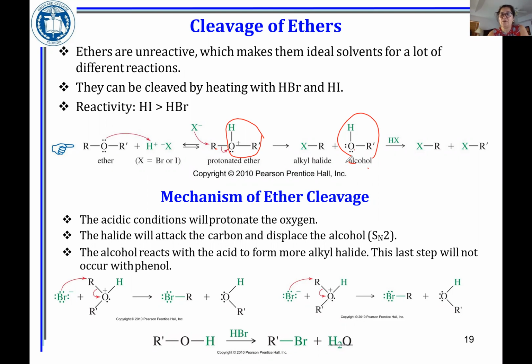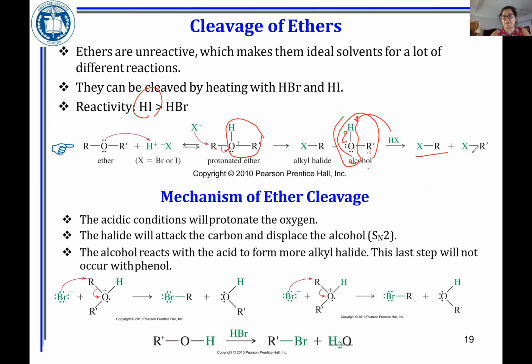Okay. When you have the alcohol in presence of this, this reaction can continue. Basically, it can protonate now the hydrogen. When it does protonate, H2O can leave, and then the halide is going to replace the OH group.